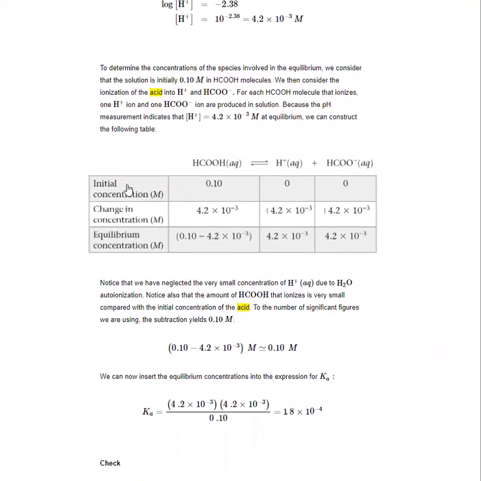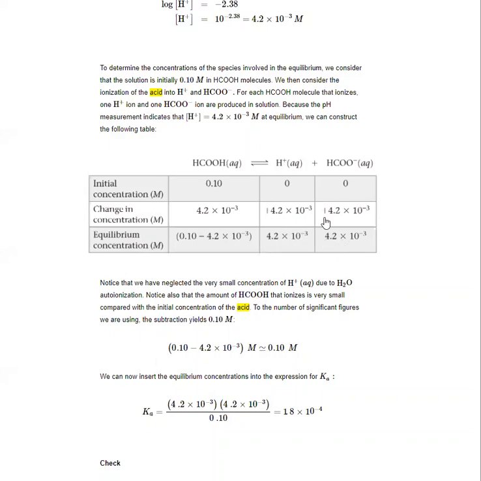This can also be taken a step further with ice boxes. Once you have your hydrogen concentration at the end, you can plug that into your ice box and get Ka. That's just all the stuff that we did from equilibrium.